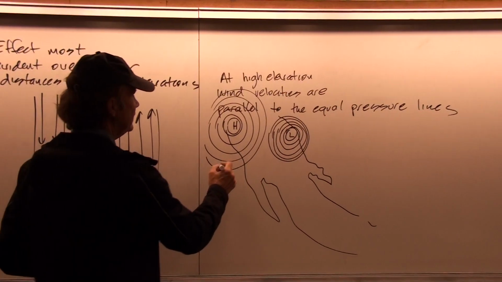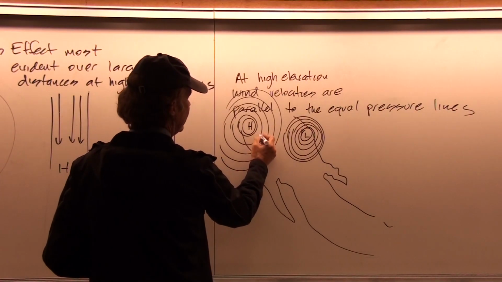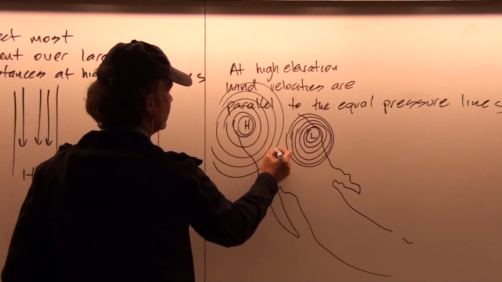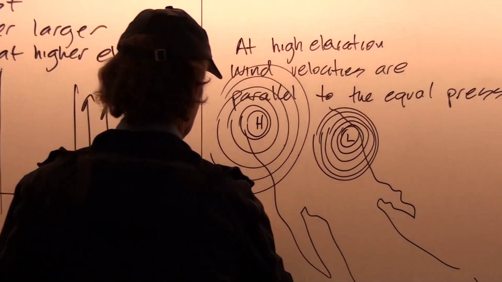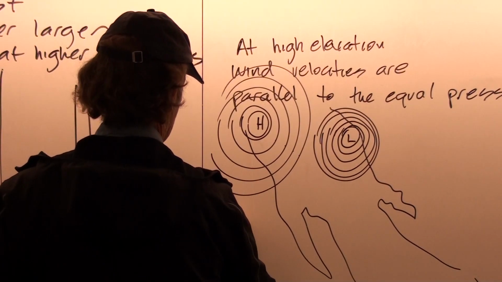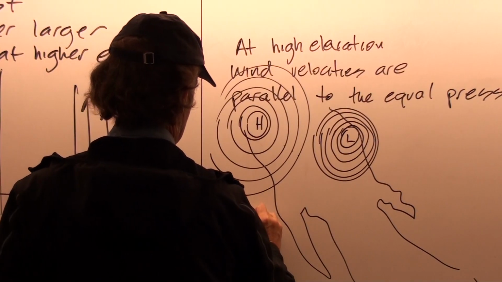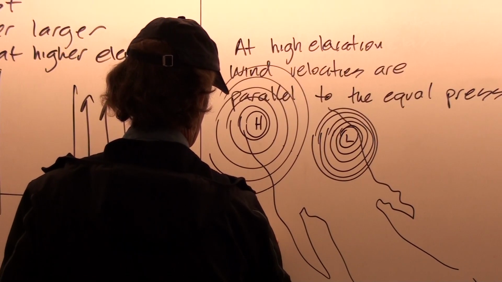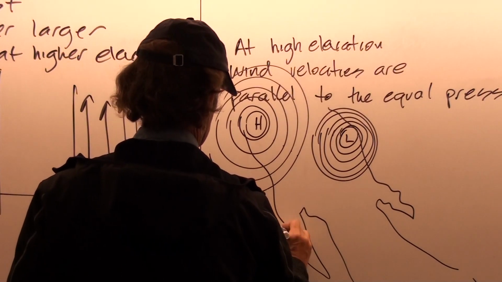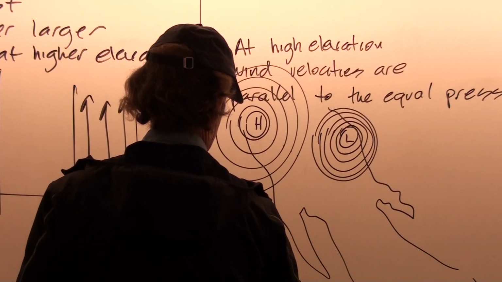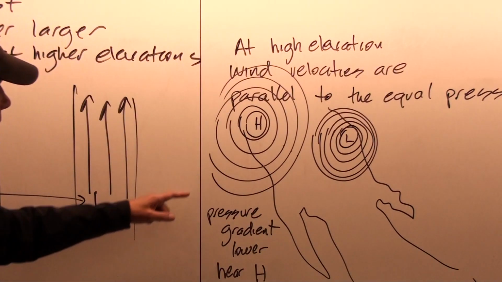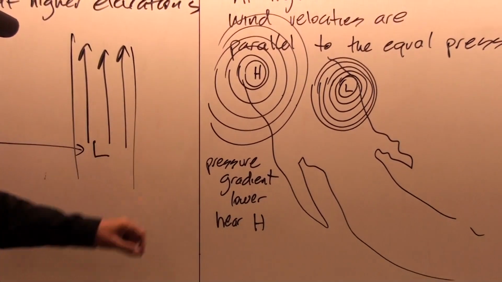So what I'm seeing here then is that the spacing between these lines is greater. That tells us that the pressure gradient is lower.